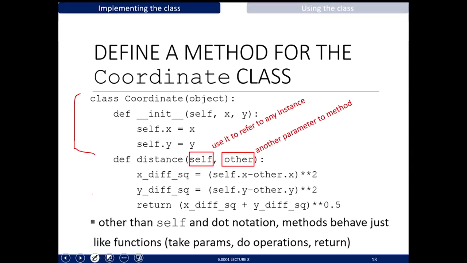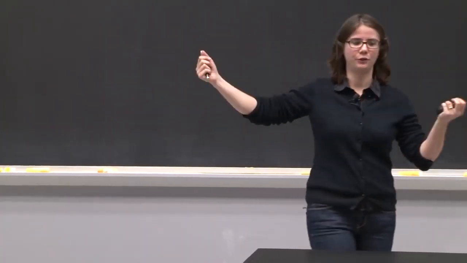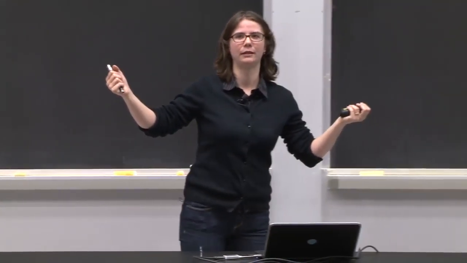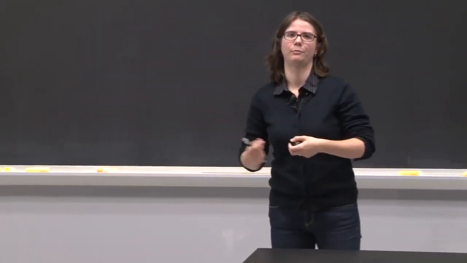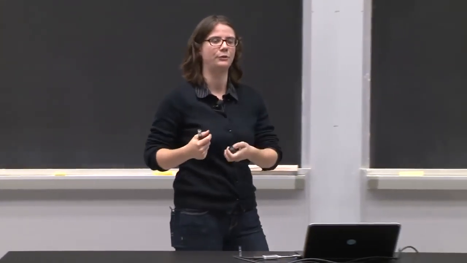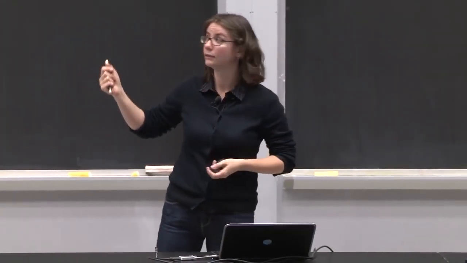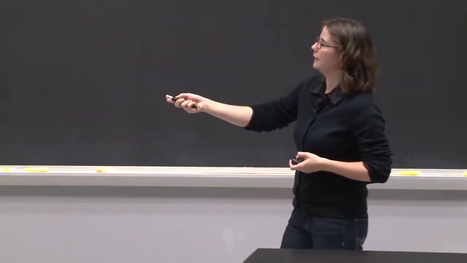I'm naming it other. This is going to represent the other coordinate object for which I want to find the distance from myself. Here I'm just going to implement the Euclidean distance formula, which is x1 minus x2 squared plus y1 minus y2 squared, and the square root of all that. So that's what I'm doing inside here.